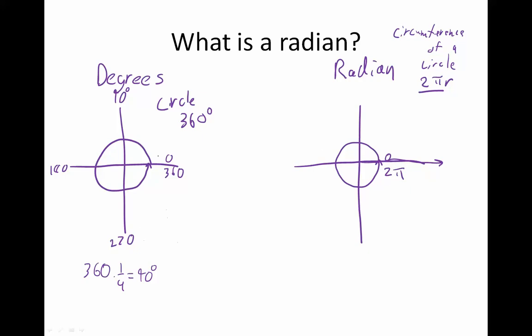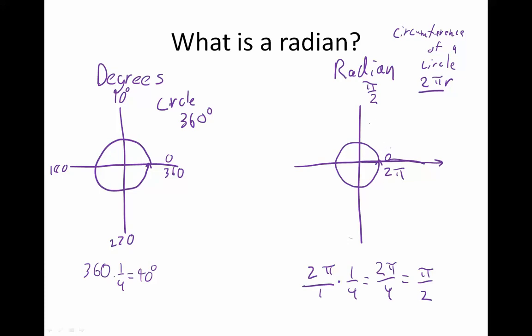But that means that each of these measurements are broken up by what fraction of 2 pi they are. So for example, this same 90-degree angle over here, which we multiplied by 1/4, if we do the same thing and multiply by 1/4, we end up with 2 pi fourths, which reduces to pi halves. So each of these 90-degree angles in radians is pi halves. They make up a quarter of 2 pi.